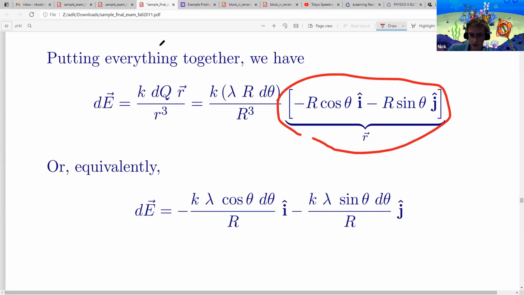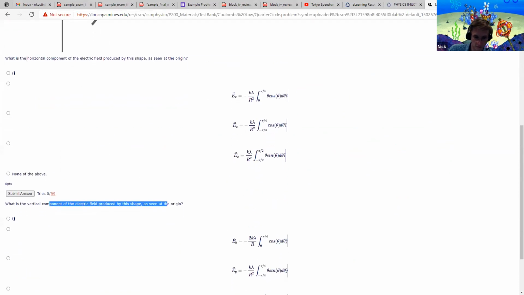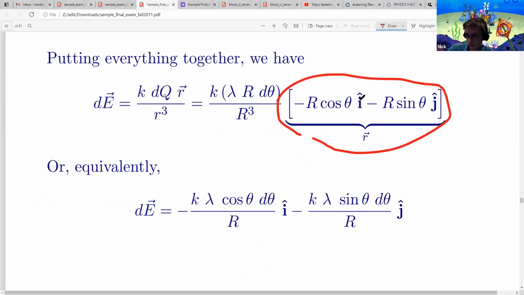Because the problem is asking for these in terms of components, first the horizontal component and then the vertical component, a logical way to split these up would be at where I have the i hat and j hat.